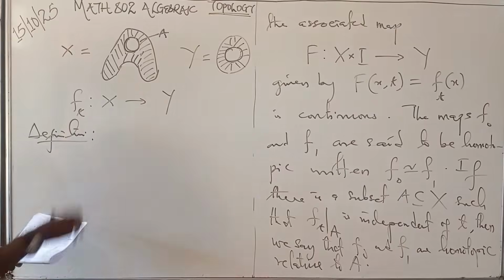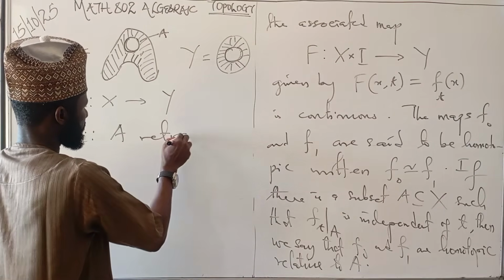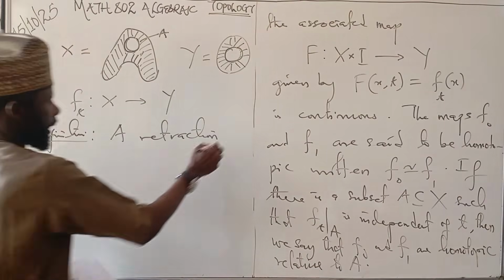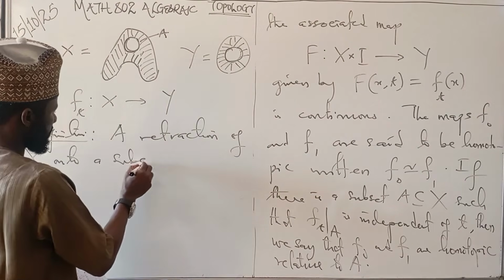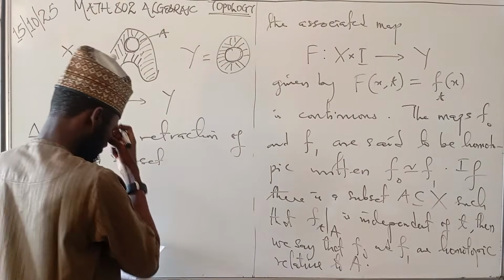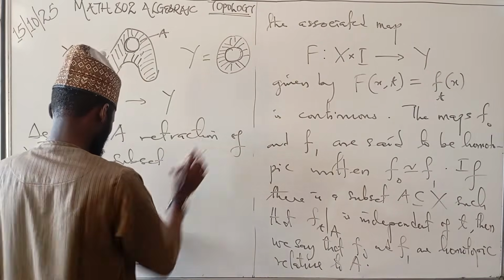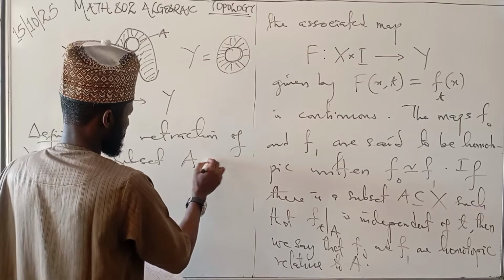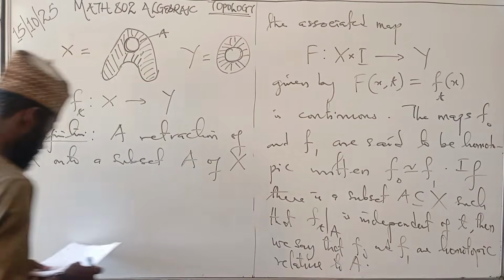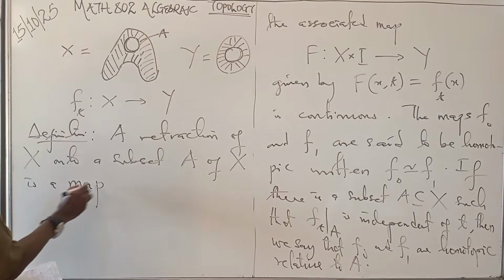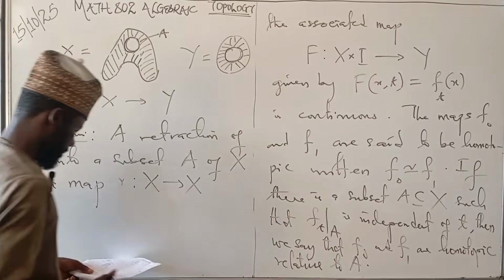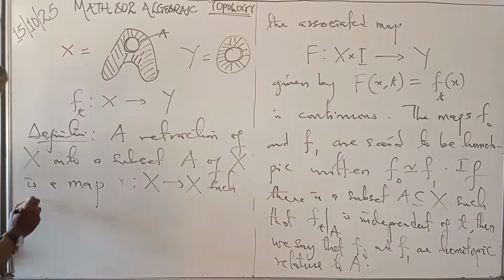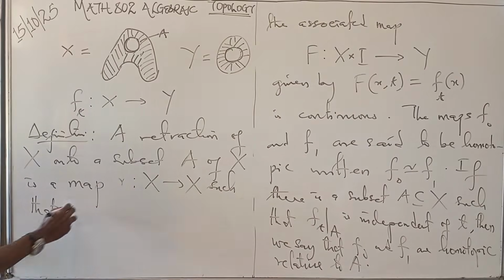So a retraction of a topological space X onto a subset A of X is a map, and by a map we mean a continuous map, R from X to X, such that R of X is equal to A.